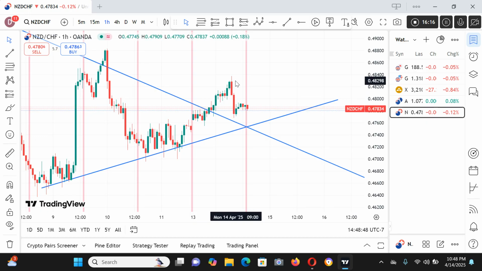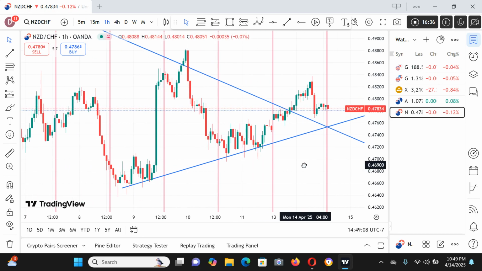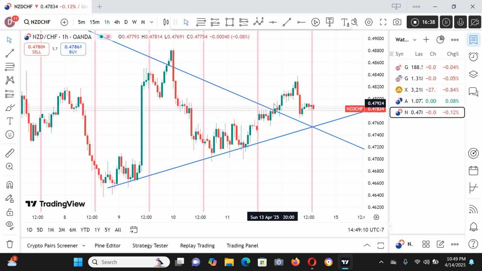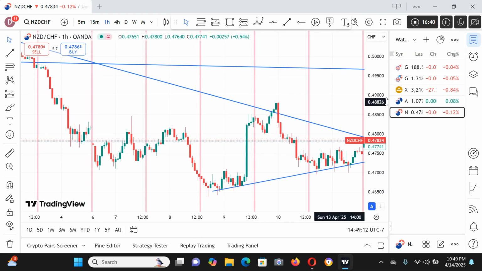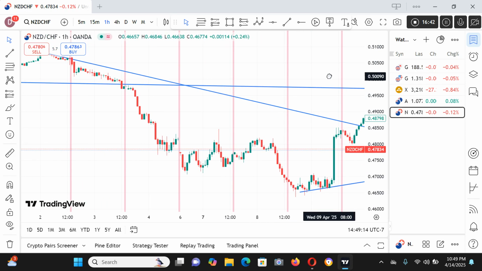And this is a break of structure, retrace, and most likely come down aggressively. If it continues to go up, we will still sit down and watch how the market plays out. Basically, this is how simple drawing a trend line is. It's absolutely very simple and straightforward.